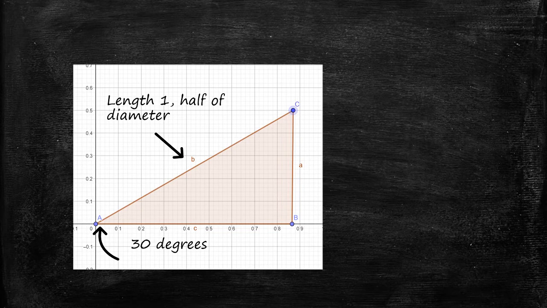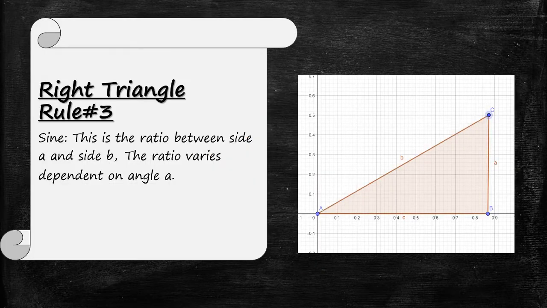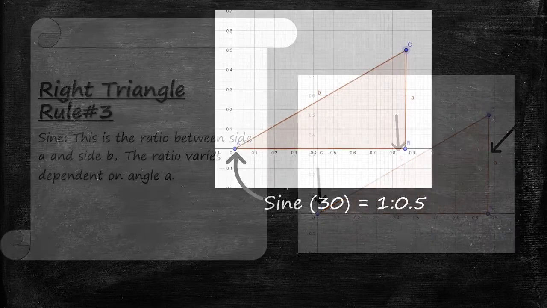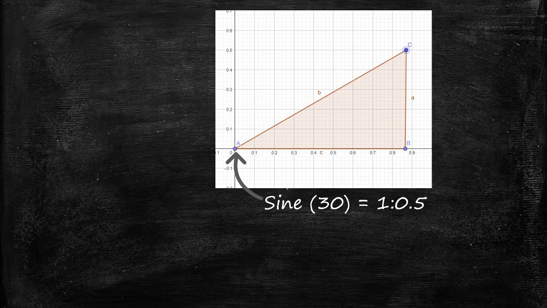Now, we want to find this angle A. So, we need to know one rule of right triangles, the sine. This is the ratio between side A and side B. The ratio varies depending on angle A. Each angle has its own sine ratio. For 30, it's 1 to 0.5.